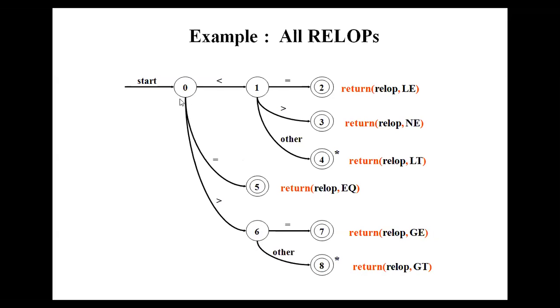Starting with 0, reading the input greater than, from state 6 we have another transition path to 8, where 8 is a final state, but here we do not have any input. What it means is that the value we are executing is only greater than, a relational operator.